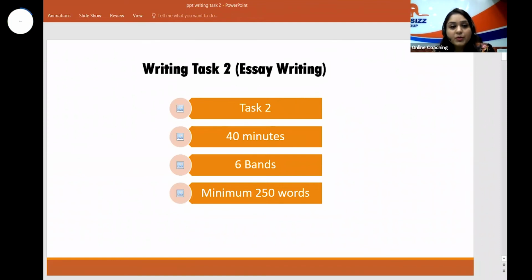So you have to understand that the major focus should be on essay writing. The minimum requirement for completing your task is 250 words, within 40 minutes, in order to get good bands.